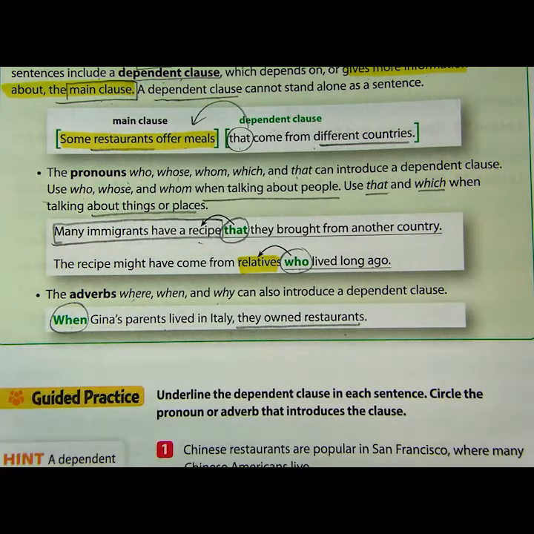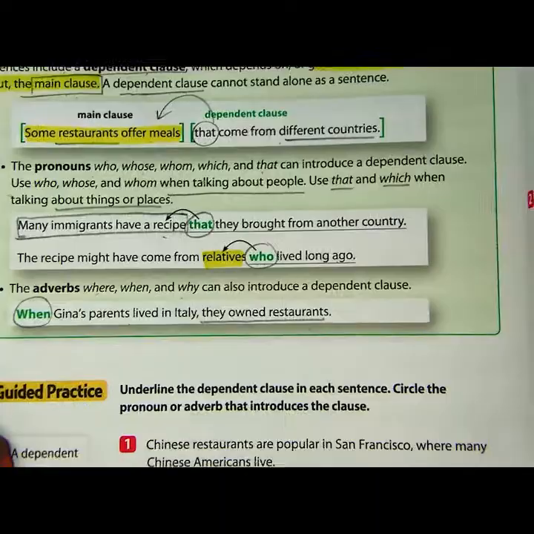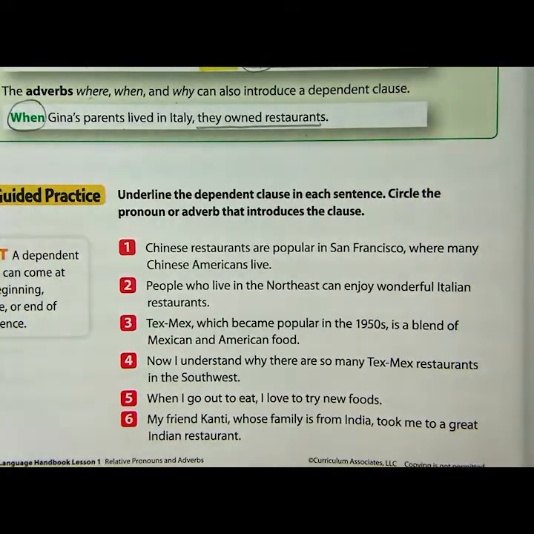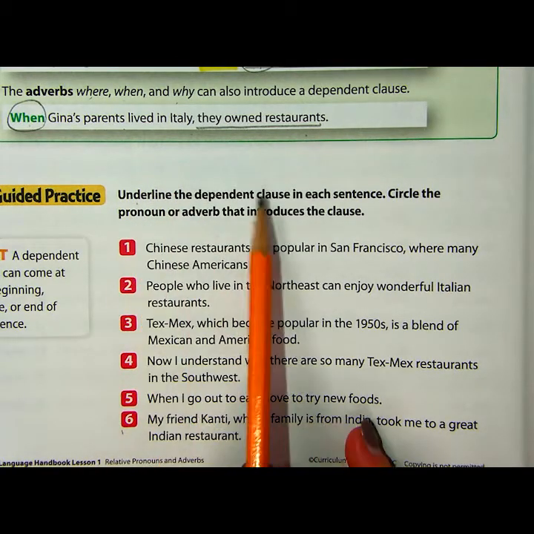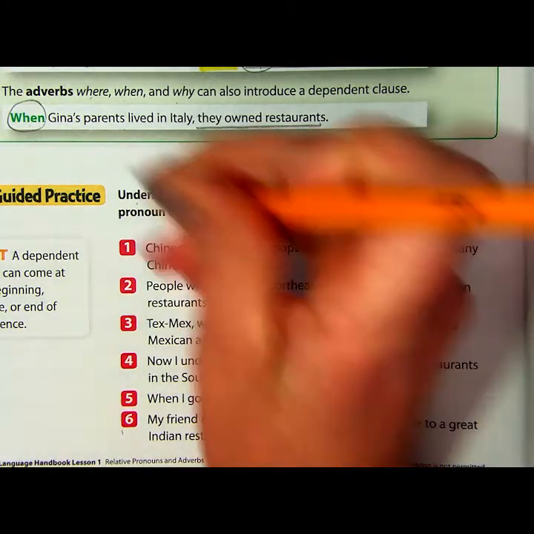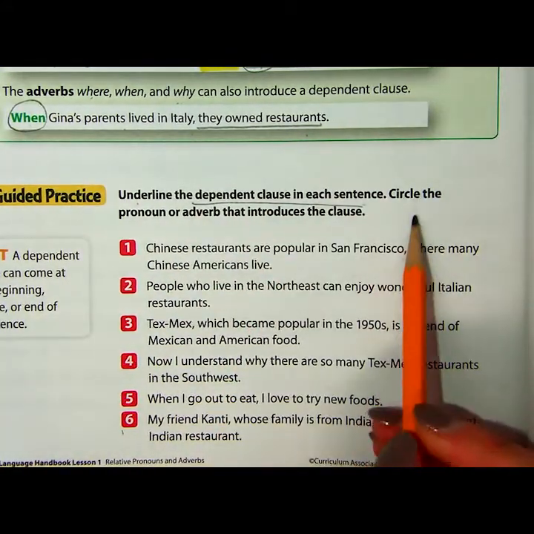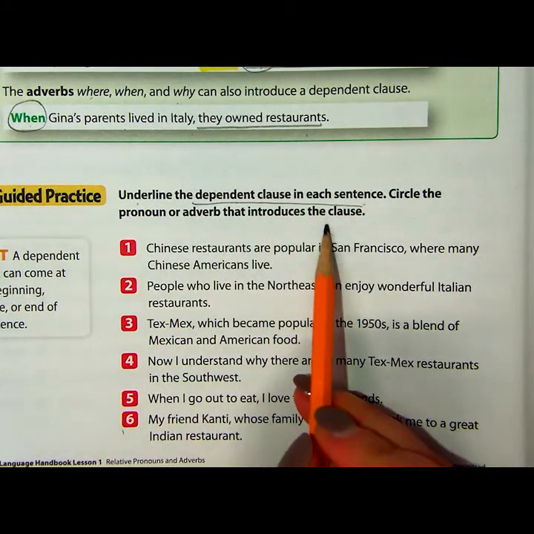So what does that look like for fourth graders then? You know, Mrs. Bodies talked about the rules really, but what does that look like? So now we have 6 examples. We have to underline the dependent clause in each sentence. So we're going to underline that part in each sentence. And then we have to circle the pronoun or the adverb that introduces the clauses.